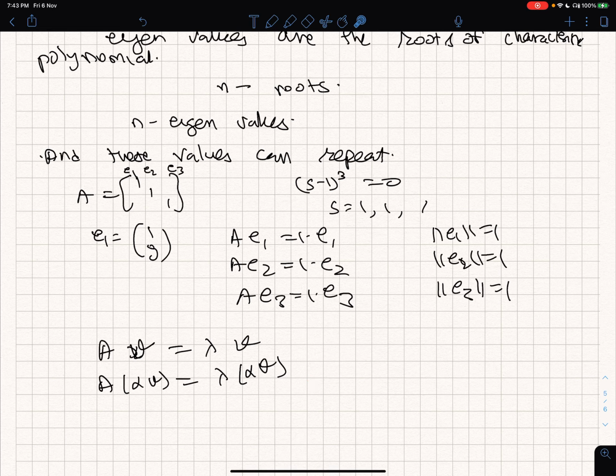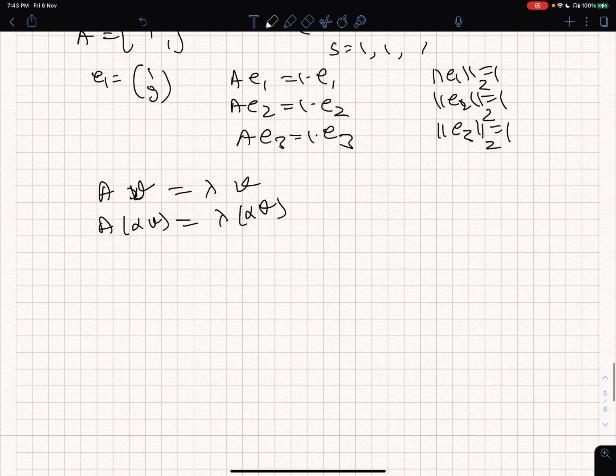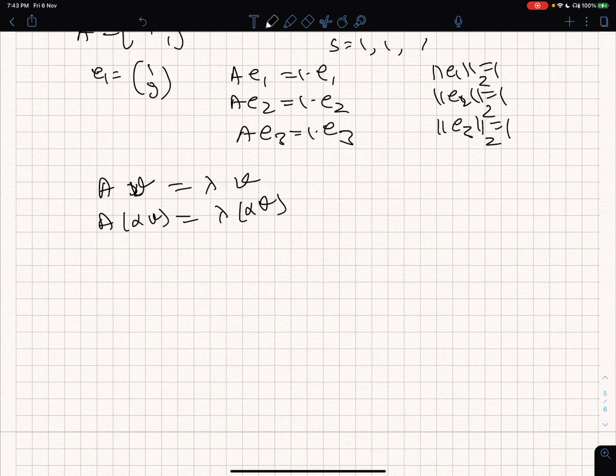So how does it matter? They don't contain any new information. Therefore, for the sake of normalization, we usually restrict the vector V to unit length in the Euclidean norm. This is the standard convention that we follow.